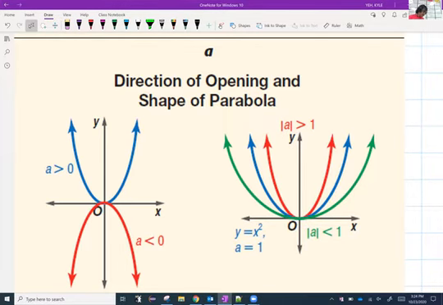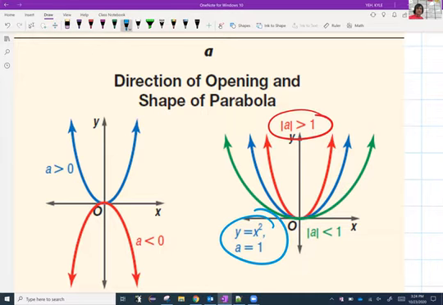But then check out what it says here on the right. It says if the absolute value of a is greater than 1. And I'm going to phrase this a little bit differently. I'm going to say that the more positive or the more negative a gets, the steeper and skinnier the parabola gets. For example, blue is our starting point, y equals x squared, just 1x squared.